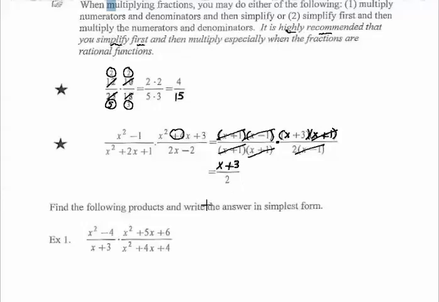The numerator becomes x plus 3 and the denominator a 2. So that brings us to example 1. We simply have to factor all the parts of our rational expressions and then cancel out what's common to the numerators and denominators.